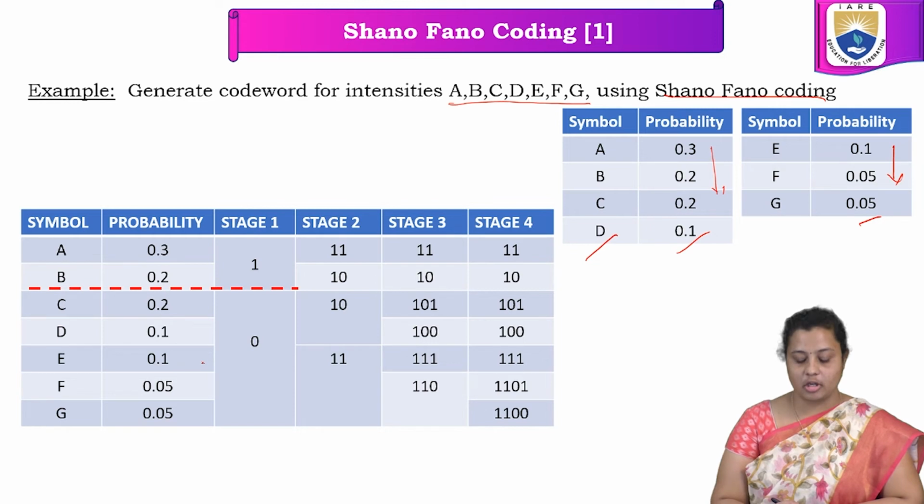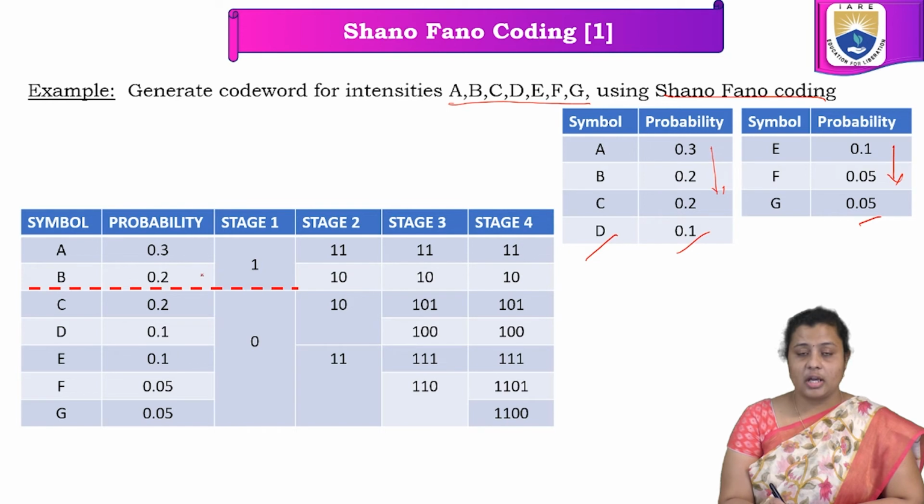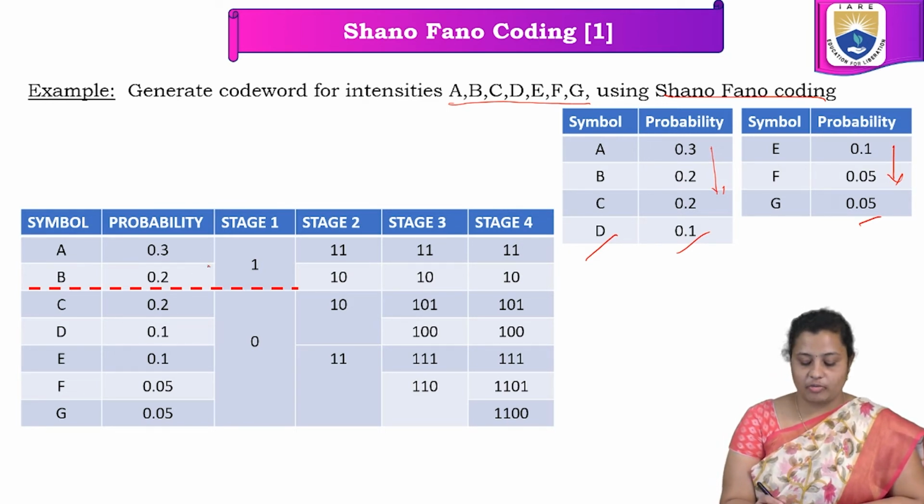And their probabilities. Now the next step is I have to convert them into 2 subgroups. I have to split them such that after adding the probabilities, they are very much similar. If I observe here, after adding these subgroups, I am getting 0.5.